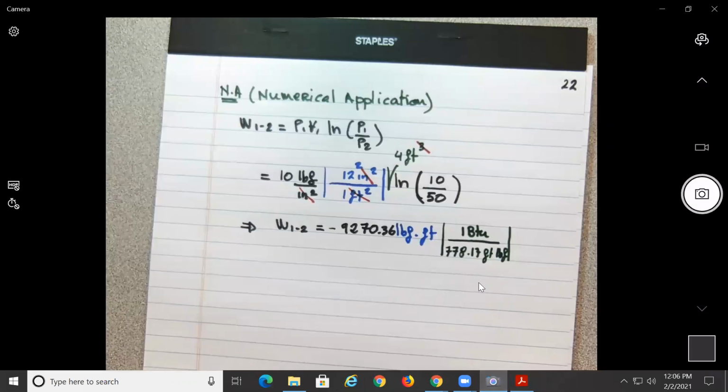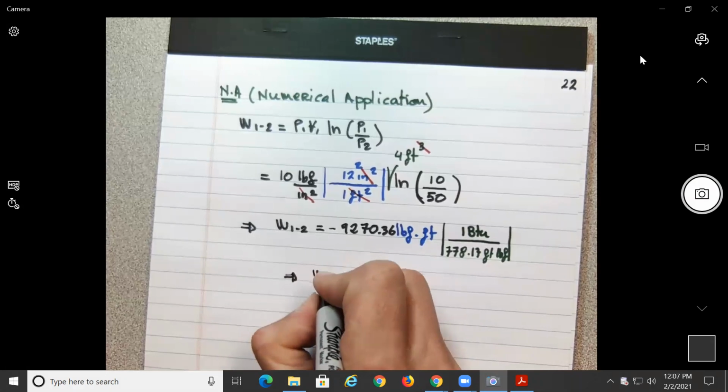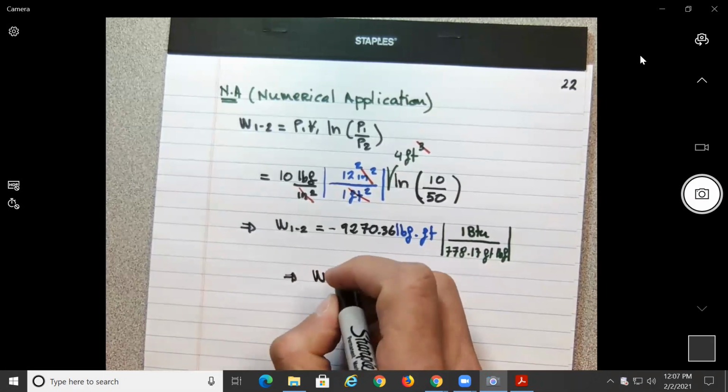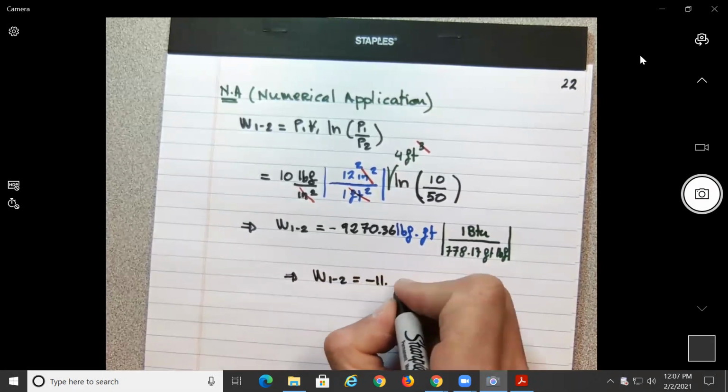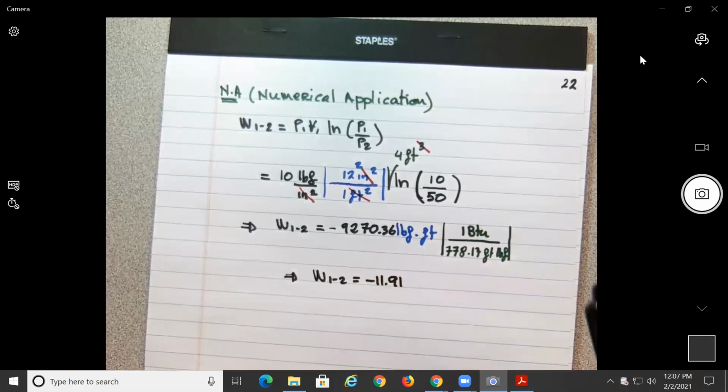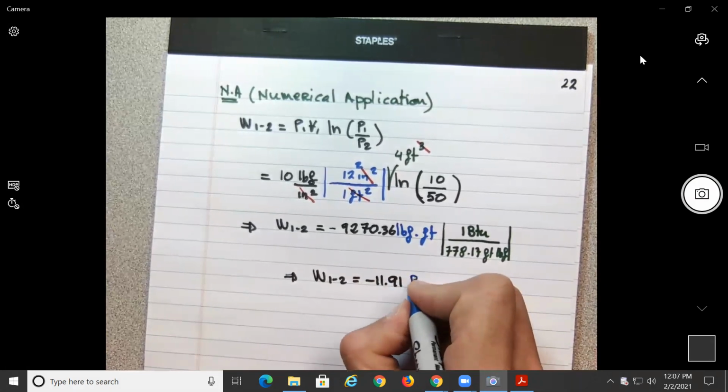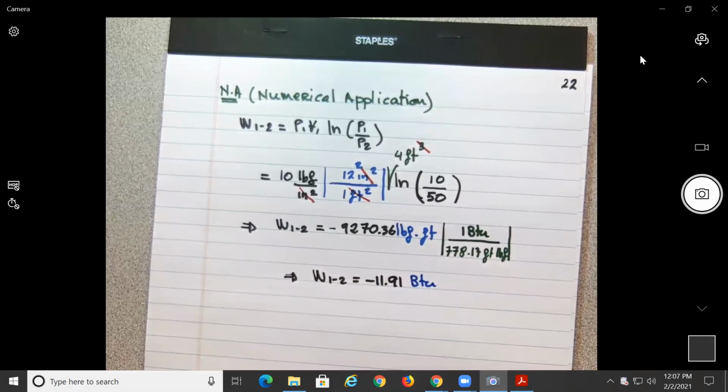So when I come here, I look at the unit transformation. All right. Okay, so if you do this calculation, you'll get that work 1,2 is equal to minus 11.91 BTUs.